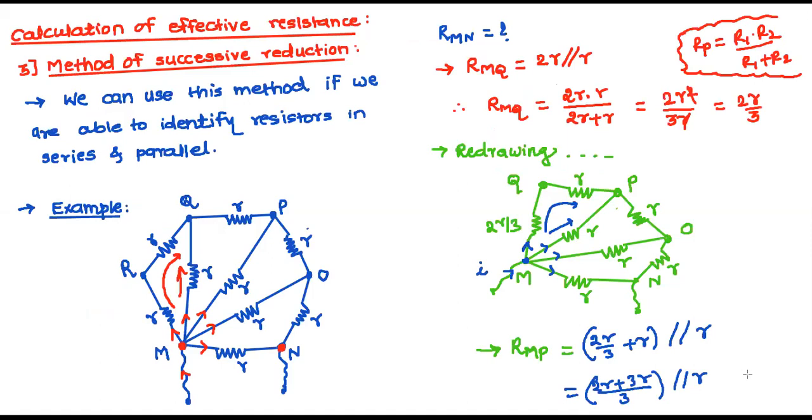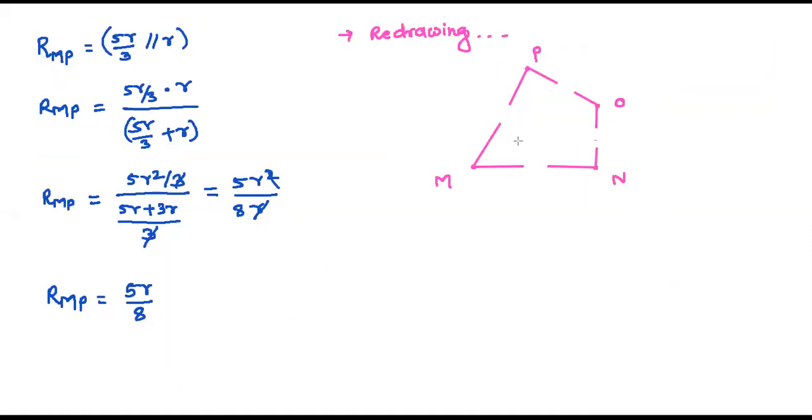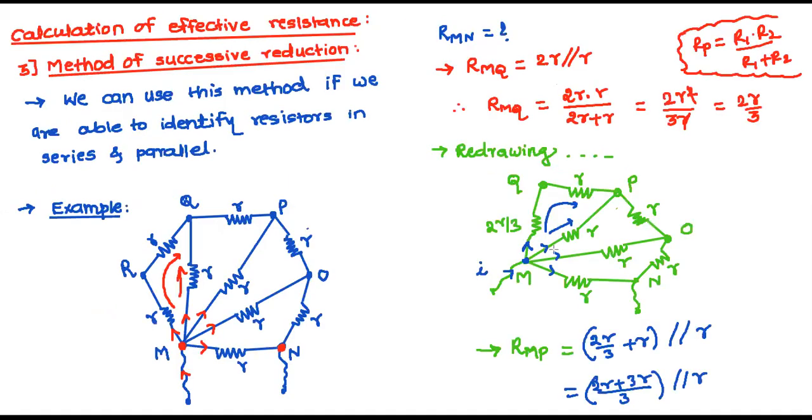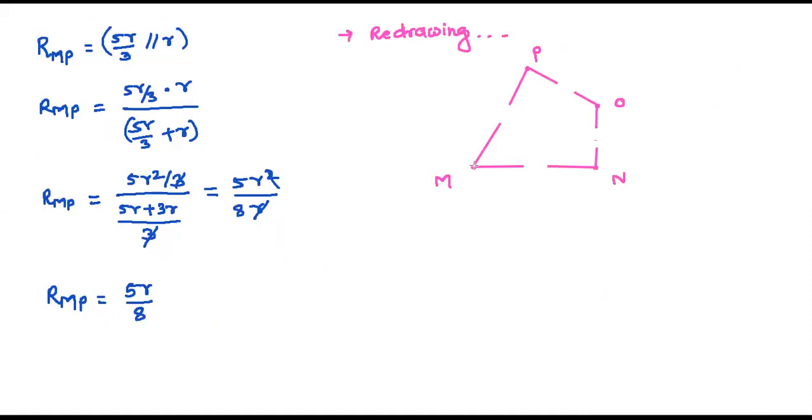P and O, two branches you should get. So P and O. So this is one more point. Yes, only 2 points. This is already finished, no? So you are getting only like this. Only one resistance now here. Okay.